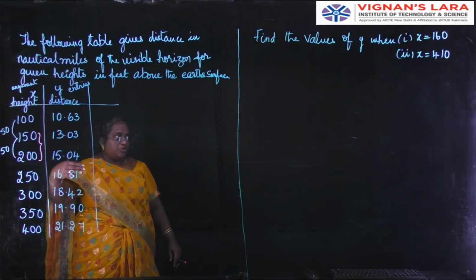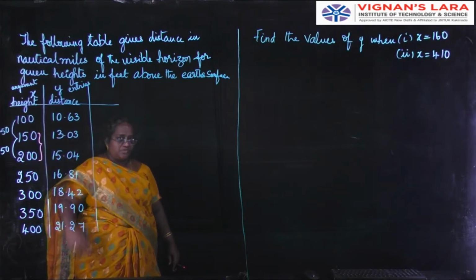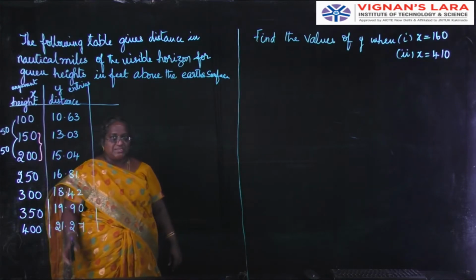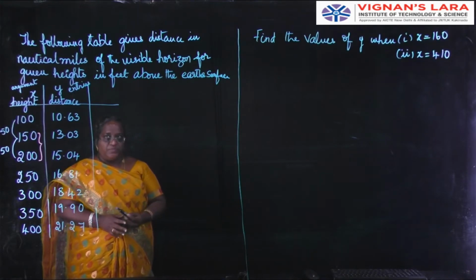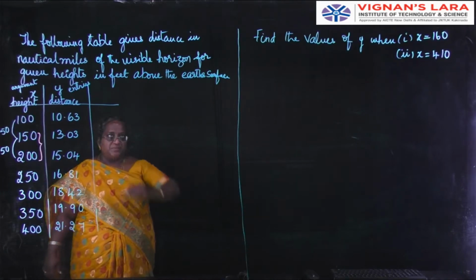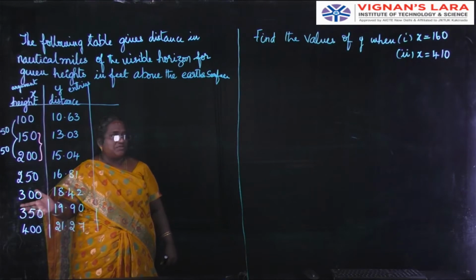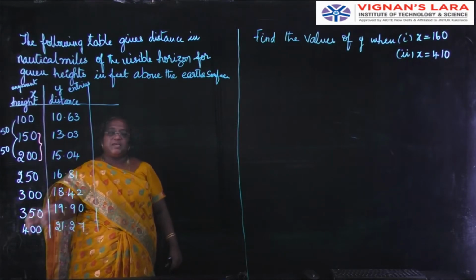So it is at the top of the table. So when do we use Newton's forward interpolation formula? When the value which we have to find is at the top of the table. So 160 is at the top of the table, so we will use Newton's forward interpolation formula. Why are we using Newton's forward? Because they are equally spaced.